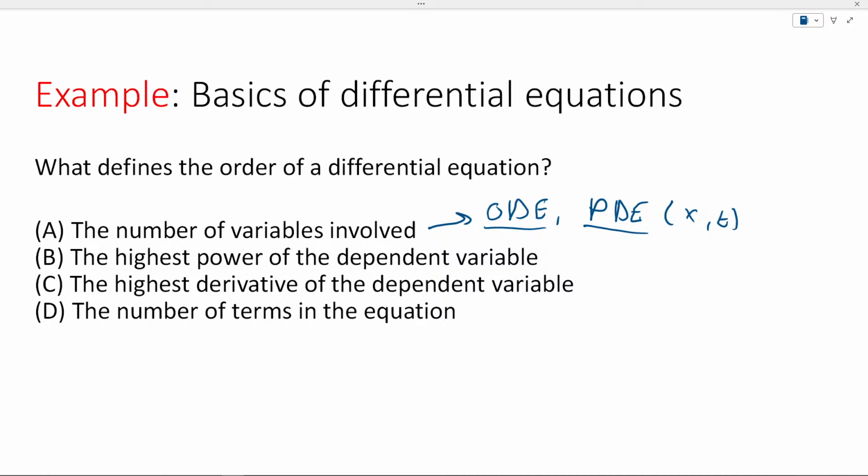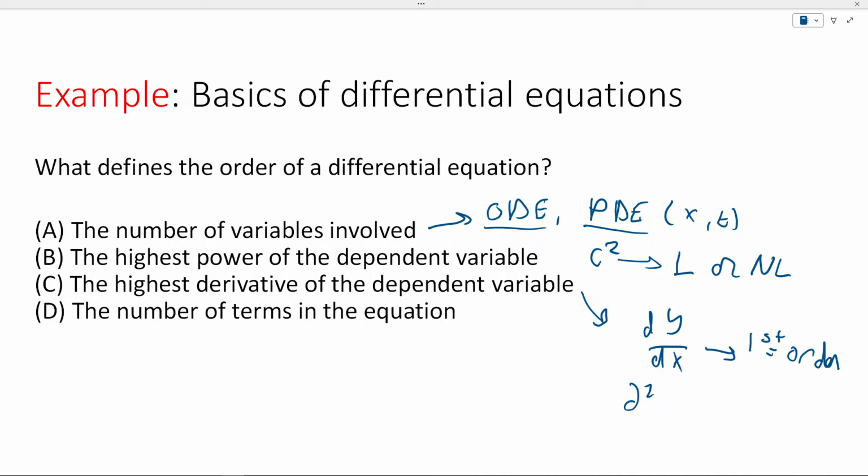The highest power of the dependent variable? No, the highest power of the dependent variable, like c squared, for example, will tell you whether this is linear or non-linear. The highest derivative of the dependent variable? Yes, that's basically what it is. If I have dy over dx, that is first order.